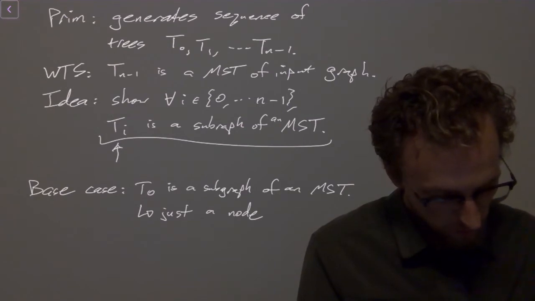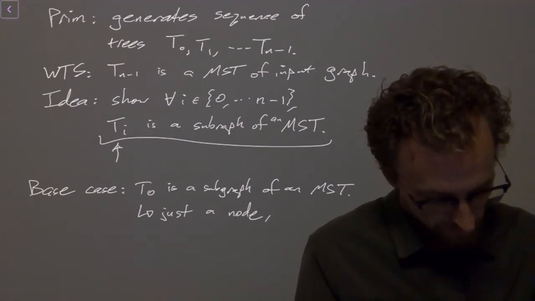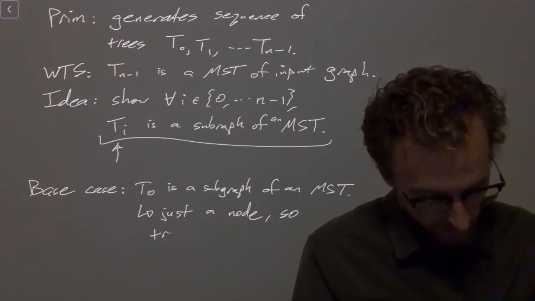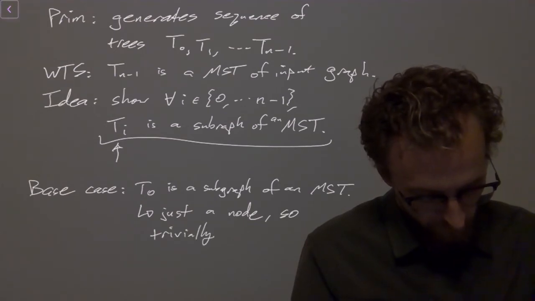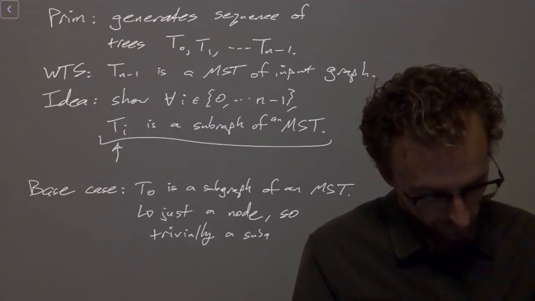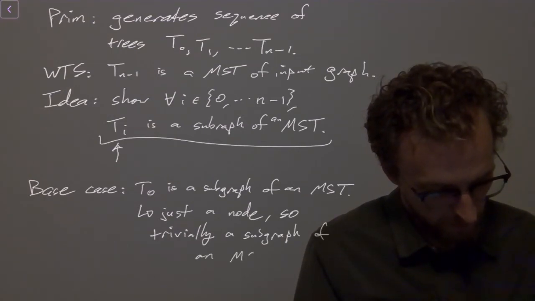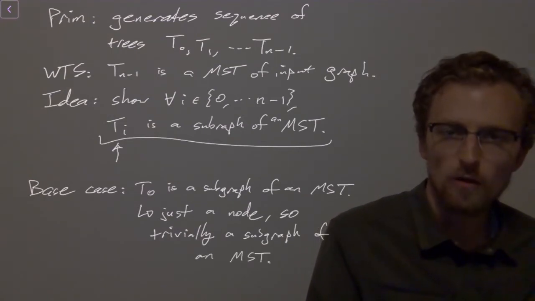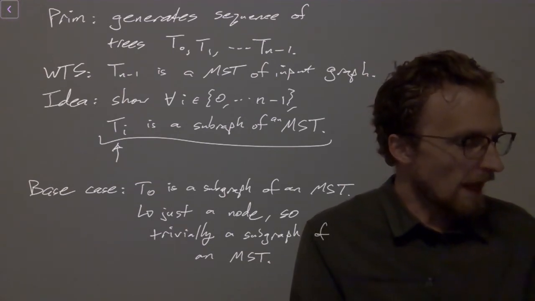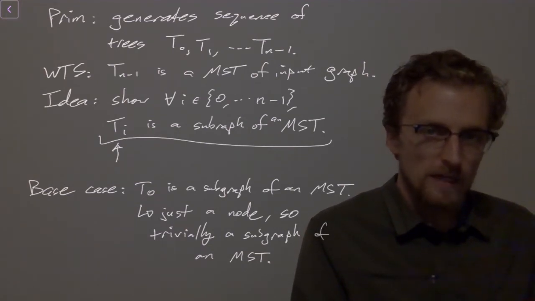All right, just a node, so trivially a subgraph of an MST, because we know that an MST has to include all the nodes. Okay, so that is our base case.